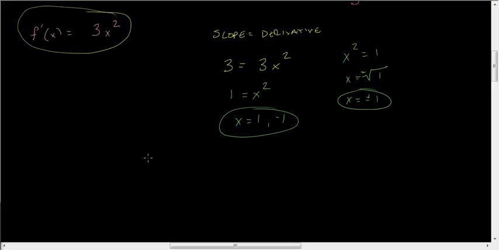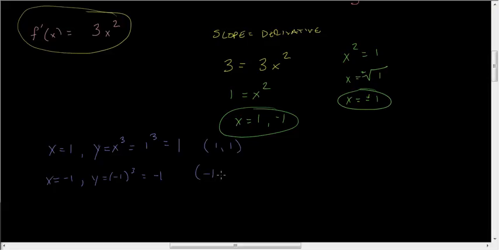If x equals 1, y is equal to x cubed, which is 1 cubed, which is 1. So this is the point 1, 1. If x is negative 1, then y is equal to negative 1 cubed, which is negative 1. And so this is the point negative 1, negative 1.